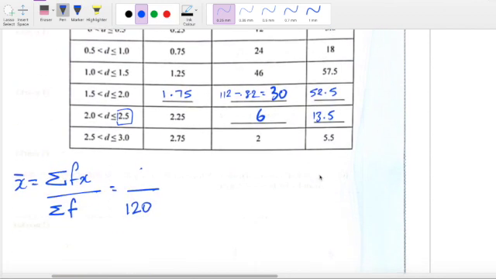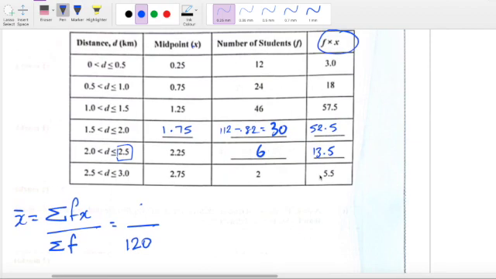And so now we have to add all of this up to get the summation of f times x. So all of this added up will be 3.0 plus 18 plus 57.5 plus 52.5, plus 13.5 plus 5.5, and I got about 150.